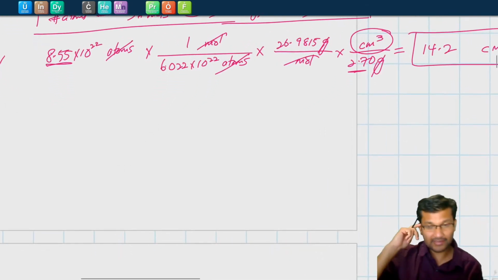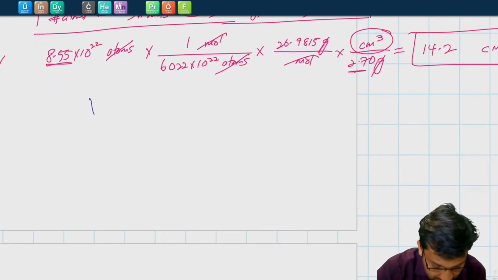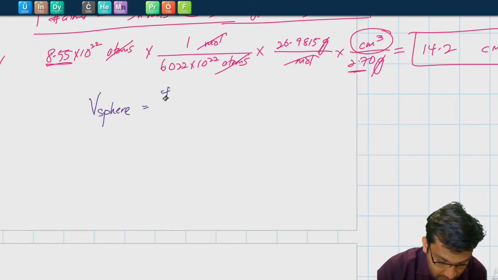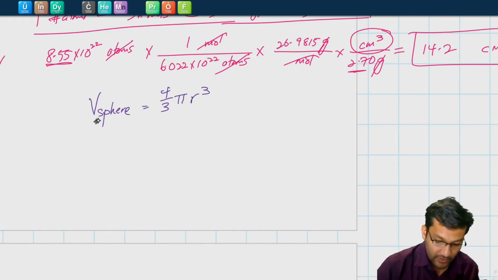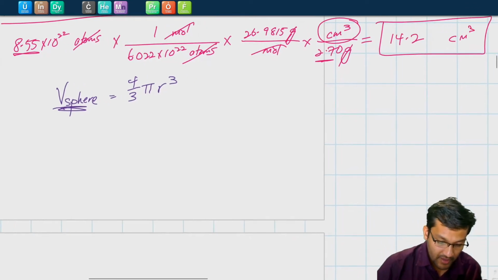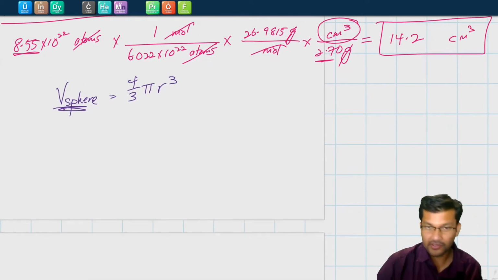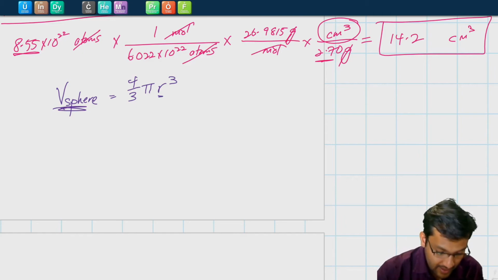Now we're told that this is a sphere, and the volume of a sphere, if we remember, is equal to 4/3 pi r cubed. We know the volume, we just need to find r. Now before I plug numbers into here, I usually like to rewrite the equation such that we're actually solving for what we want to solve for. And what we want to solve for is r.